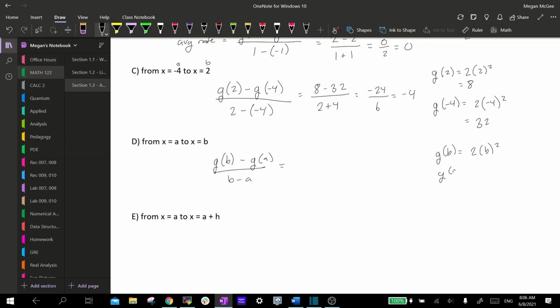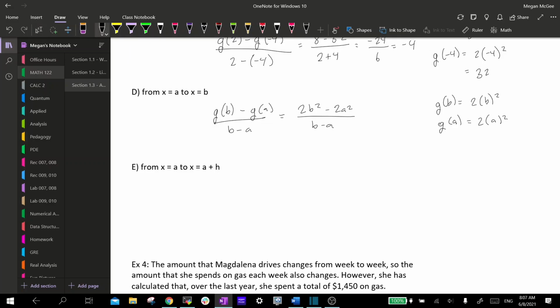And g of a, well, that's going to be 2 times a squared. So we can write this as 2b squared minus 2a squared over b minus a. And we could simplify this a little bit more, but today we'll just leave it as is.